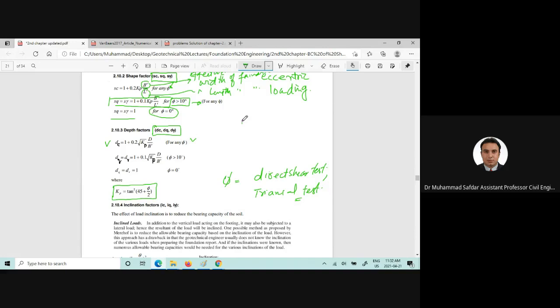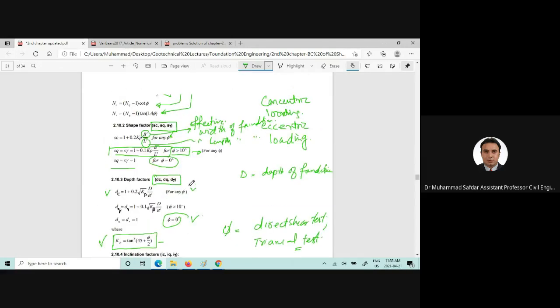D is the depth of foundation, and dq and d gamma will be equal to this equation, where Kp is the lateral pressure coefficient in passive condition, and it is given here. dq and d gamma will be equal to 1 if the friction angle is equal to 0.